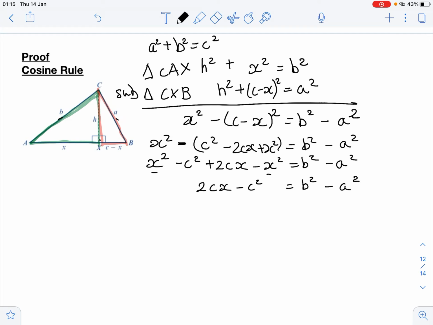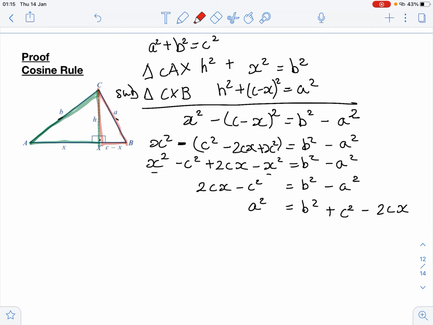Then rearrange our equation into the format: a squared equals b squared plus c squared minus 2cx. And it's looking really similar to our cosine rule.